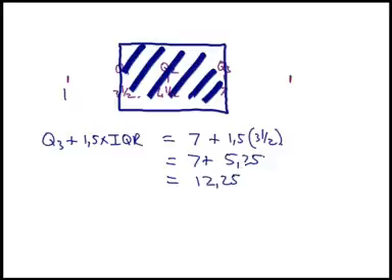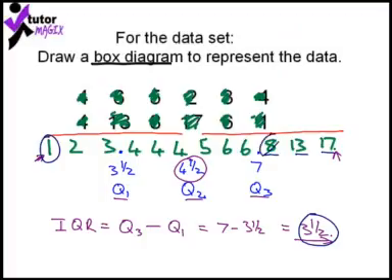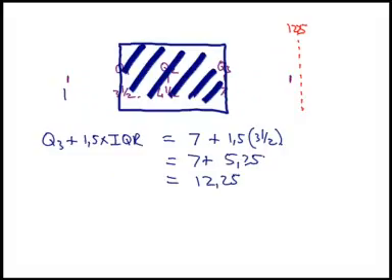So we have a cut-off point of 12.25. Anything bigger than that is considered to be an outlier. So we have our maximum, which is then 8. 8 is still below the cut-off point, and then we have the 13 and the 17 considered to be outliers.